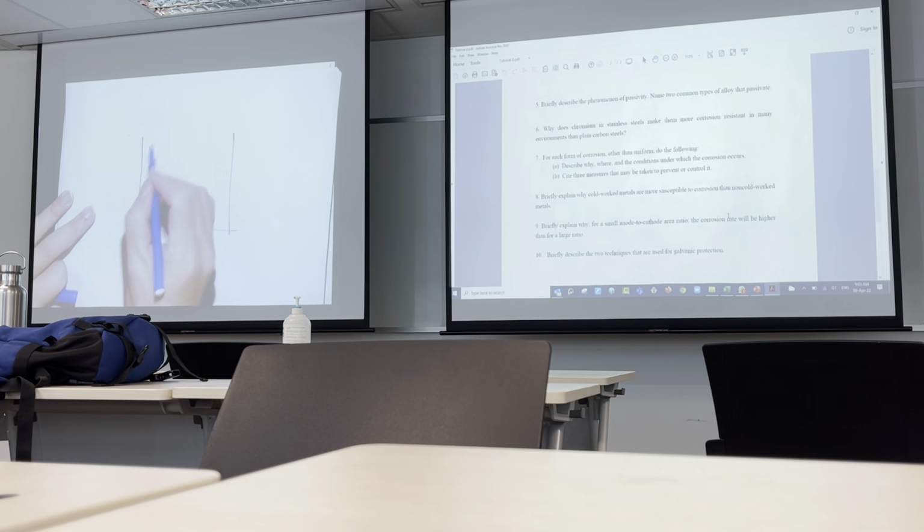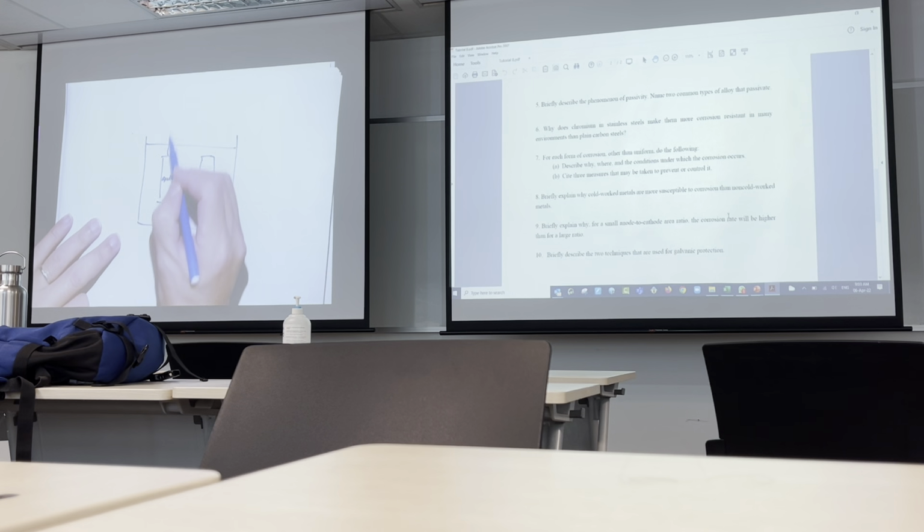Imagine you have two pieces of electrode, this anode and this cathode. If you have one can of paint, only one, do you paint the anode or the cathode? The anode is the one that corrodes.